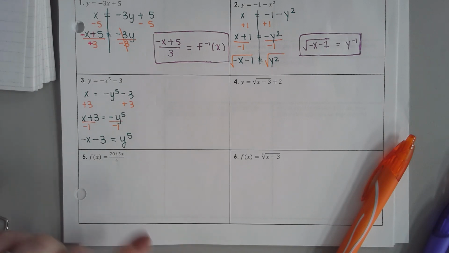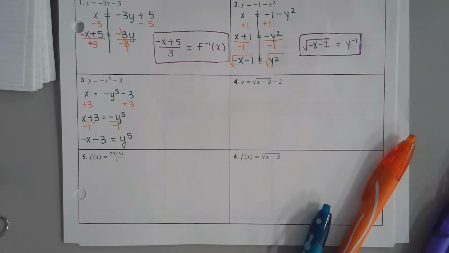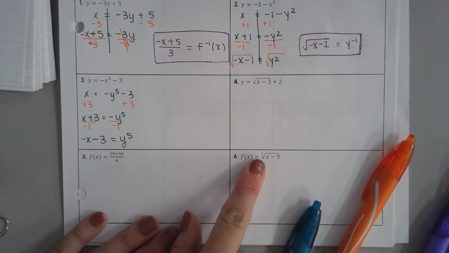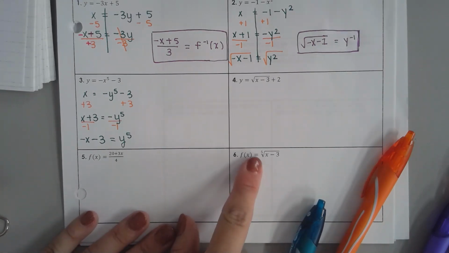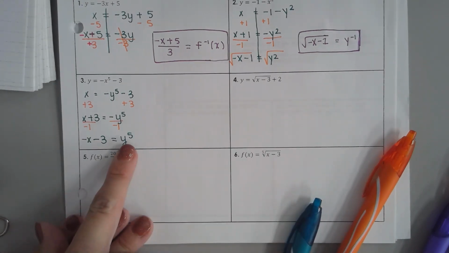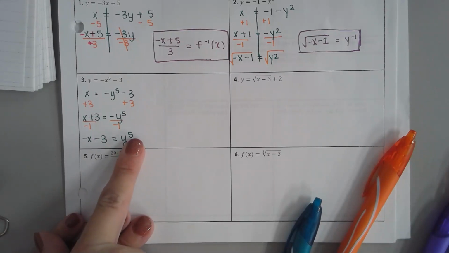Okay. And then now I have a y to the 5th. Who's going to give me a guess at how I get rid of that? Yeah, number 6, that's called the 5th root. It's not the square root of 5, it's the 5th root. So to get rid of a 5th power, an exponent of 5, you do the 5th root.